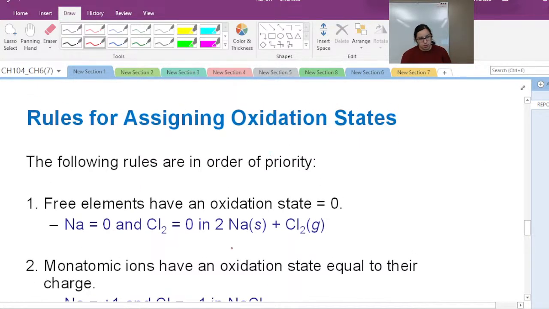The first rule here, and a good starting point, is that a free element is considered to have an oxidation state of 0. This is something that's just in its elemental form. That means however it's found on the periodic table by itself. In this case, chlorine, we know that's a diatomic, so in its elemental form, by itself, it's Cl2. That would also mean sodium as a metal, so not in a compound.